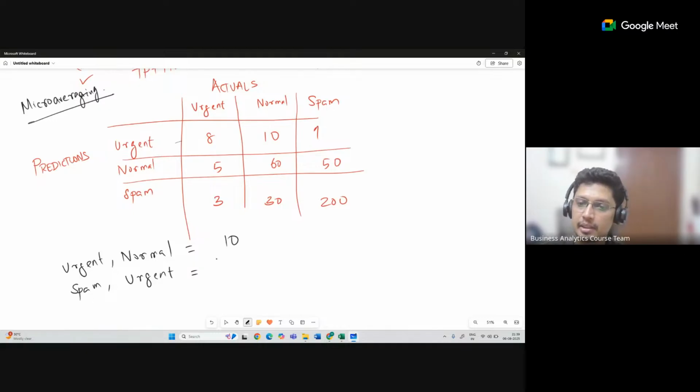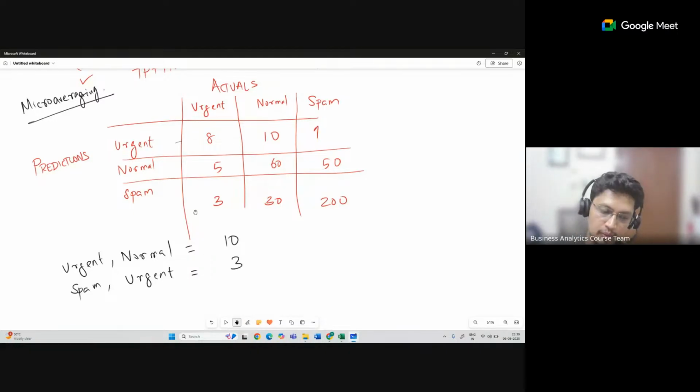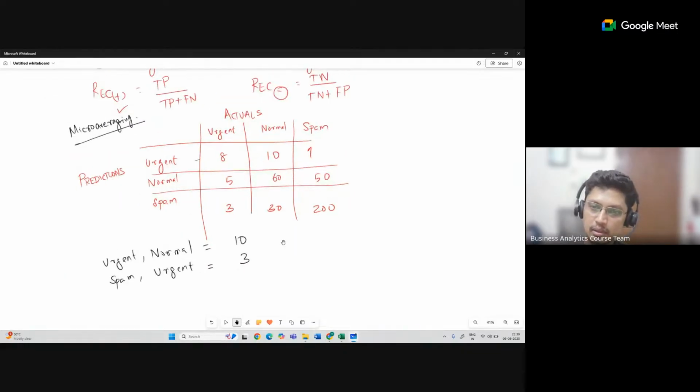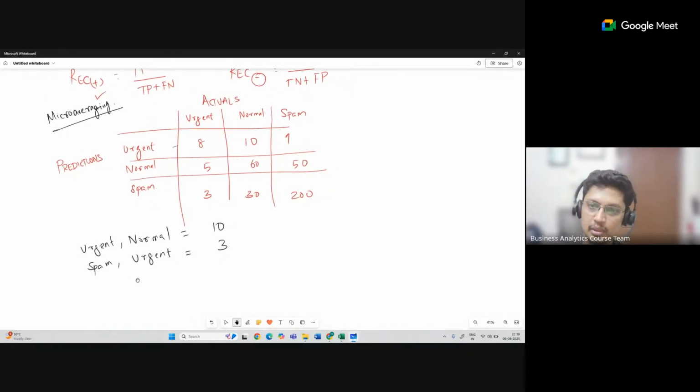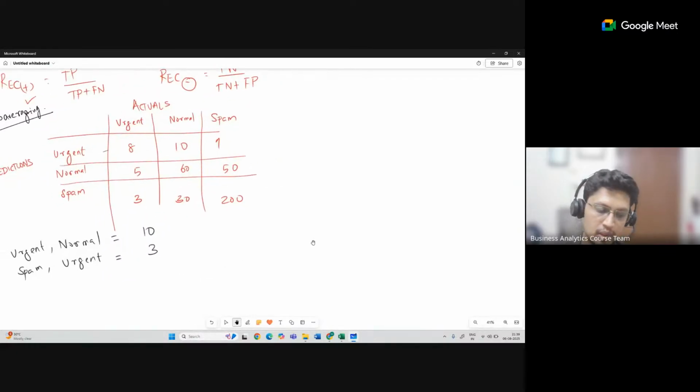Spam, comma urgent is 3. That's all. So now let us solve this for urgent. I'm going to convert this 3-class problem into a 2-class problem.